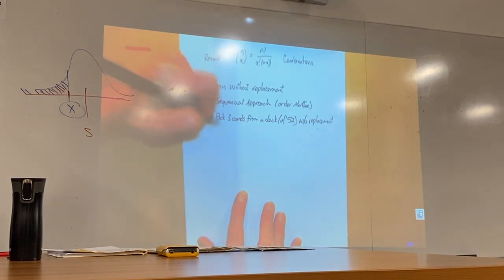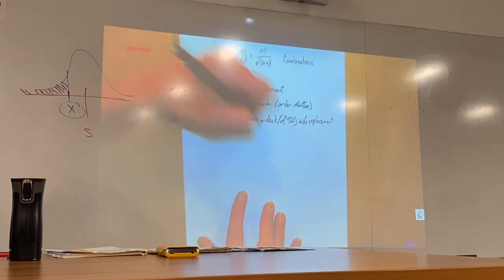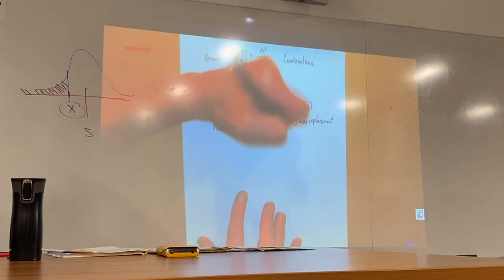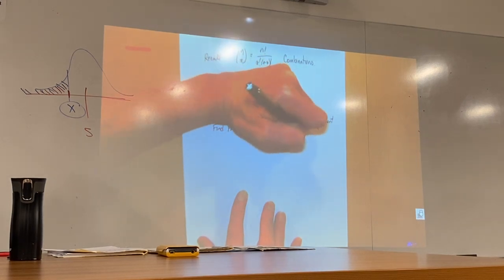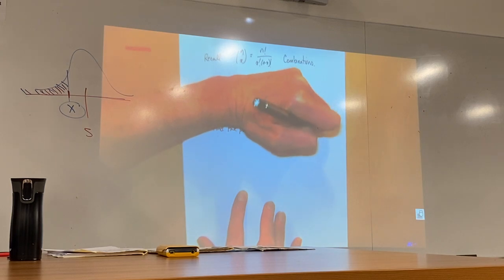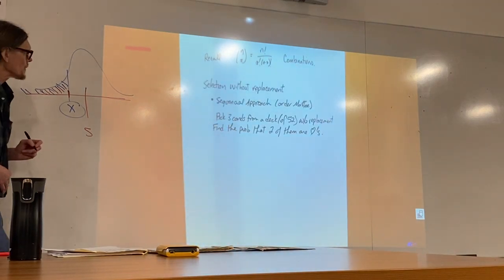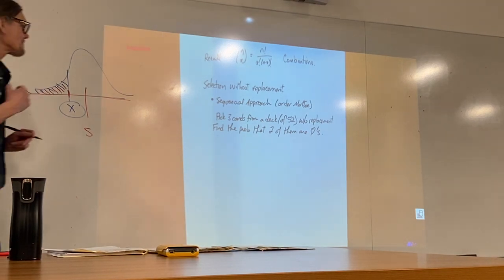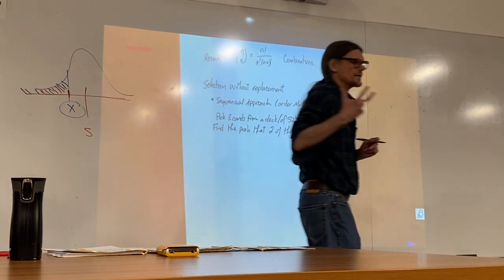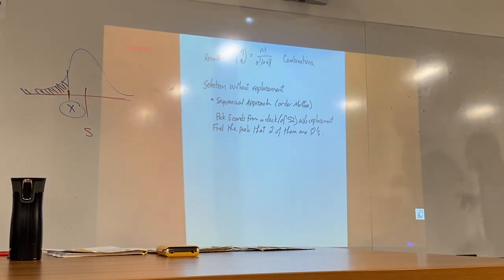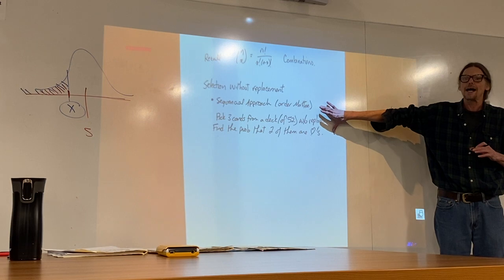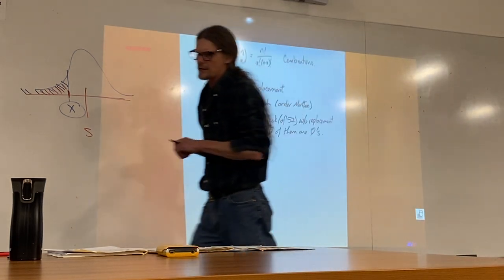Find the probability that two of them are hearts. And we saw then in the sequential approach, you have to consider all the orderings. The upshot of this is that the sequential approach gets nasty fast.